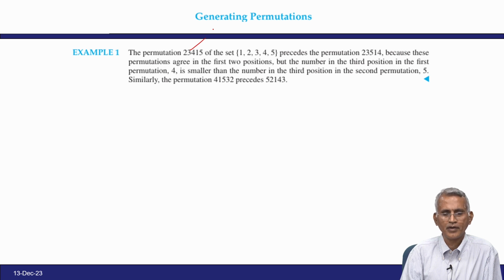Similarly, the permutation 4, 1, 5, 3, 2 precedes 5, 2, 1, 4, 3. So, this is a good example of generating permutations.